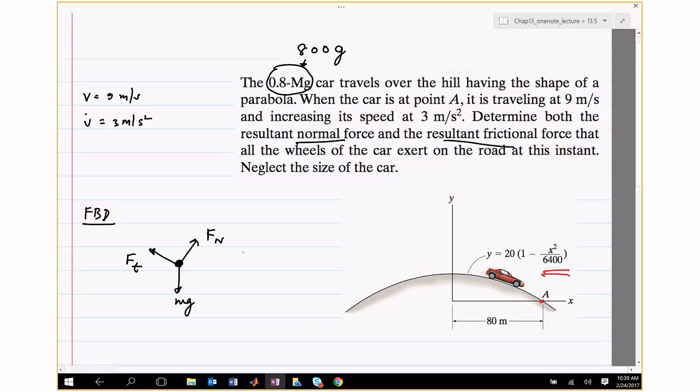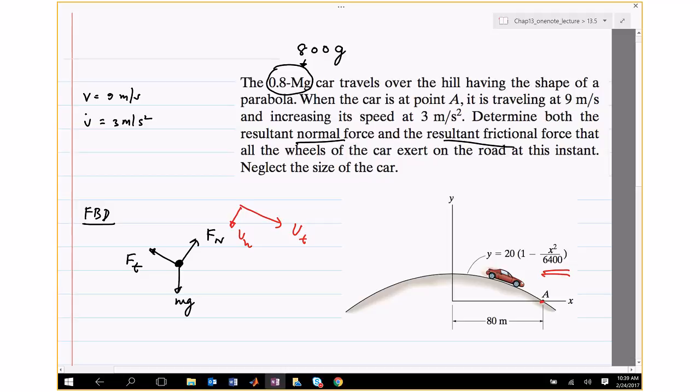Since it's curving towards the top, un is going to be towards the center of the circle, not circle, but the changing center of that particular arc. And the tangential component is going to be in the direction in which the car is moving.